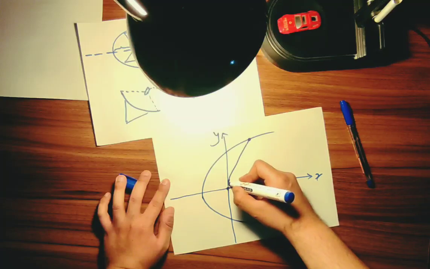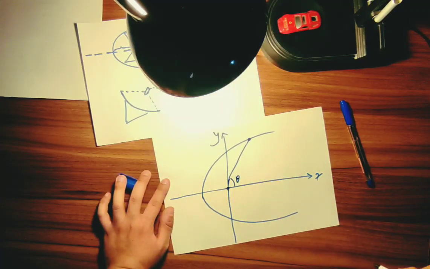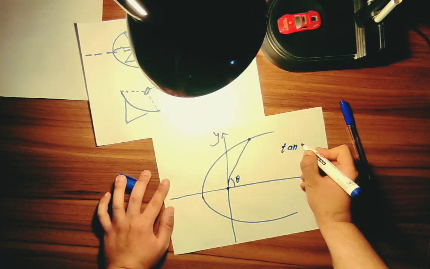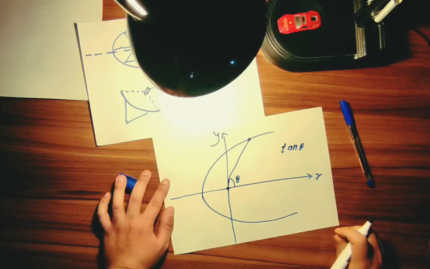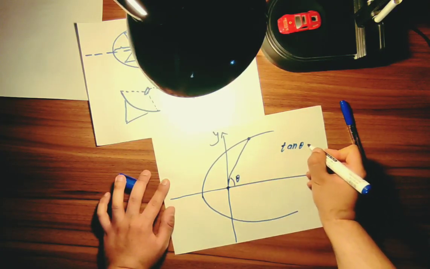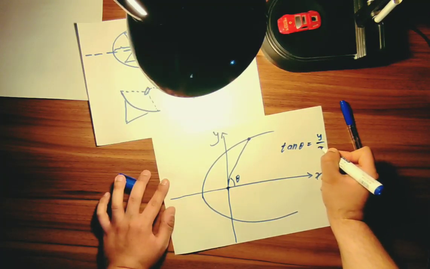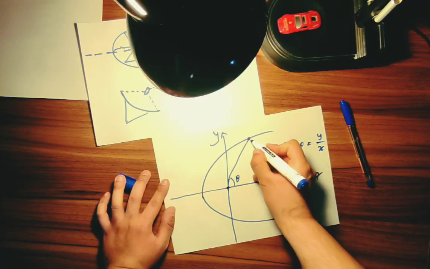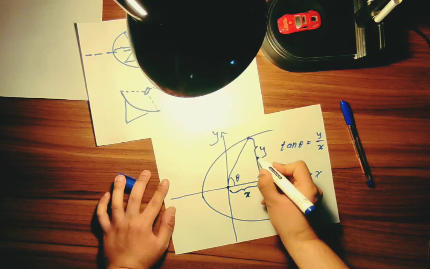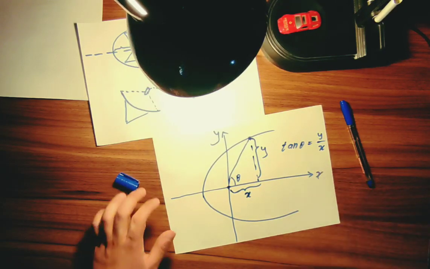What is this angle? This angle is theta. And now we know that tangent of theta is actually the slope of this line, and the slope of this line is y divided by x. This is y and this is x. So we have this till now.